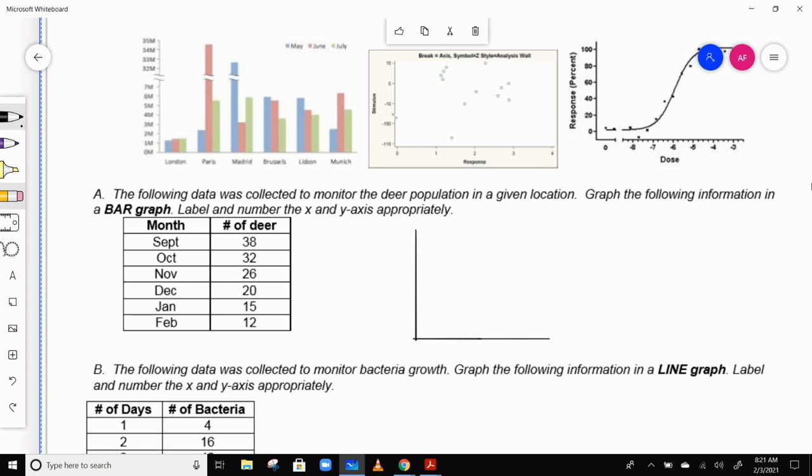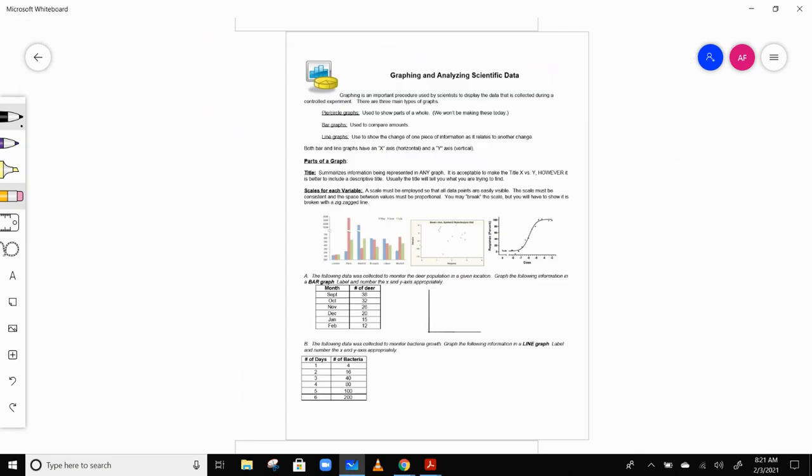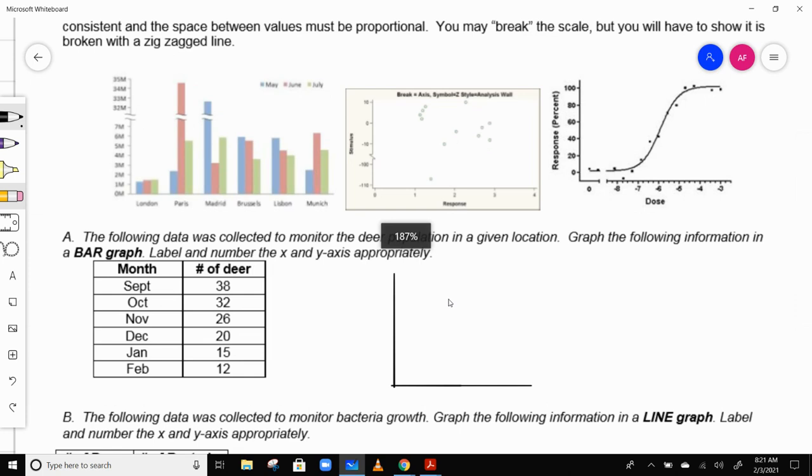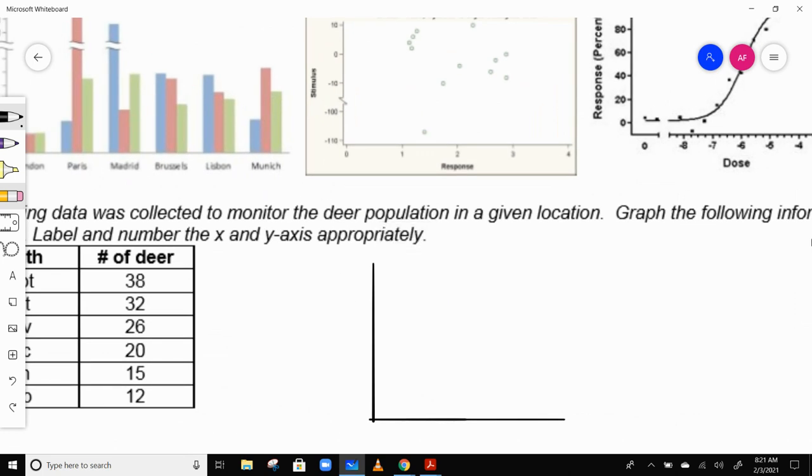Okay, the dependent variable is on the y, so the dependent variable would be the number of deer. So number of deer. And that's pretty self-explanatory.